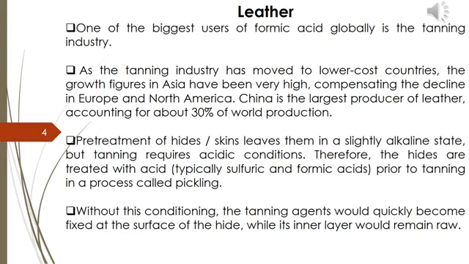So the hides have to be treated with acid prior to tanning. Acids like sulfuric acid or formic acid can be used, and this process of treating hides with acid is called pickling.